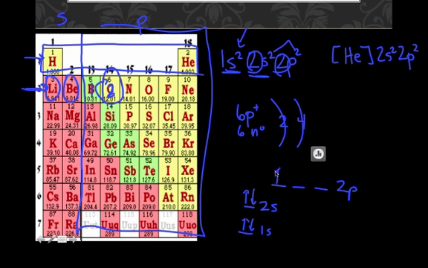So for carbon it's going to be 1 here and 1 here, and we're done because we only need 2 electrons in that 2p orbital. So that's it. That's how we use the electron configuration to help us draw the Bohr diagram and the Aufbau diagram for elements in the S and P block.